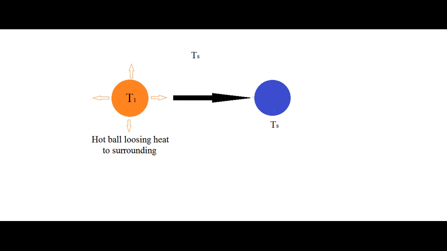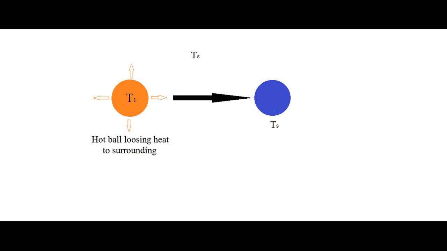When it loses heat to the surrounding, at the end it will come into thermal equilibrium with the surrounding, because heat transfer takes place from hot body to cold body. So the hot ball will cool down by losing its heat, but heat transfer will cease once the hot ball becomes equal in temperature with the surrounding temperature.